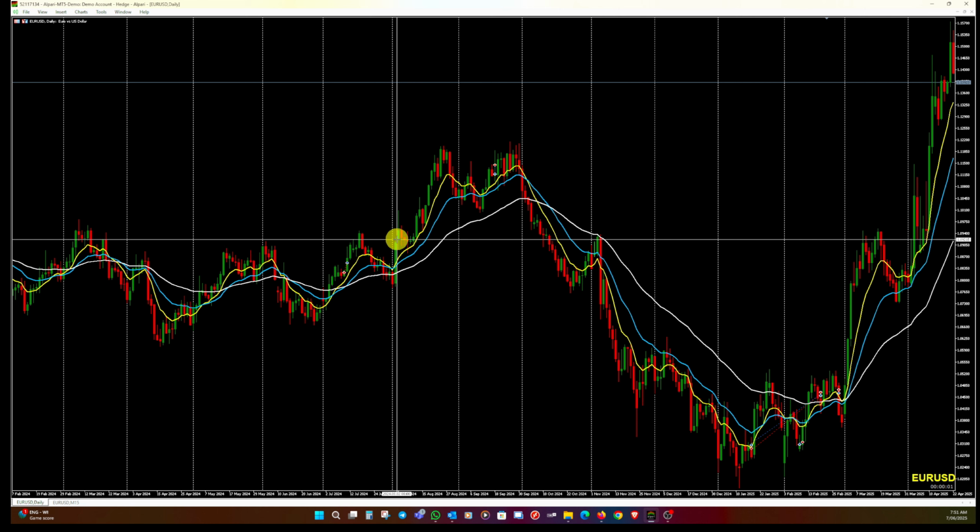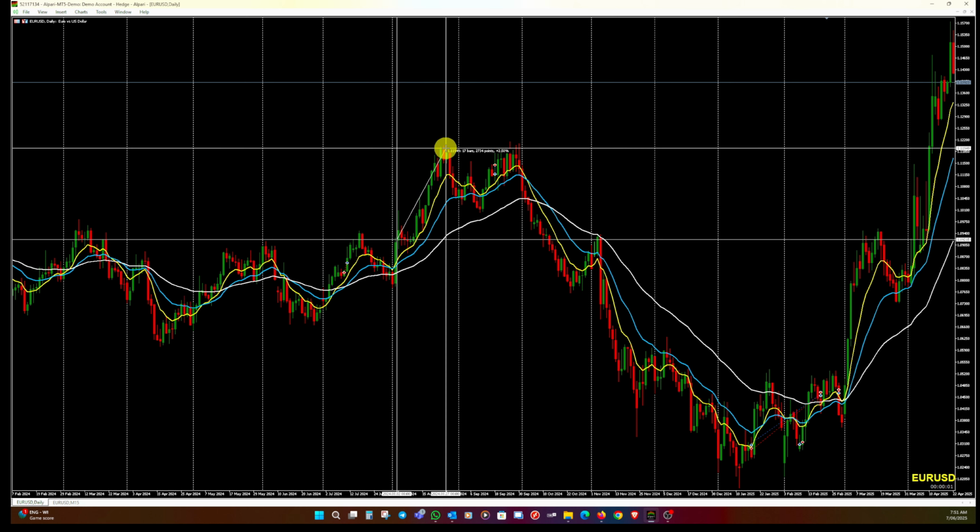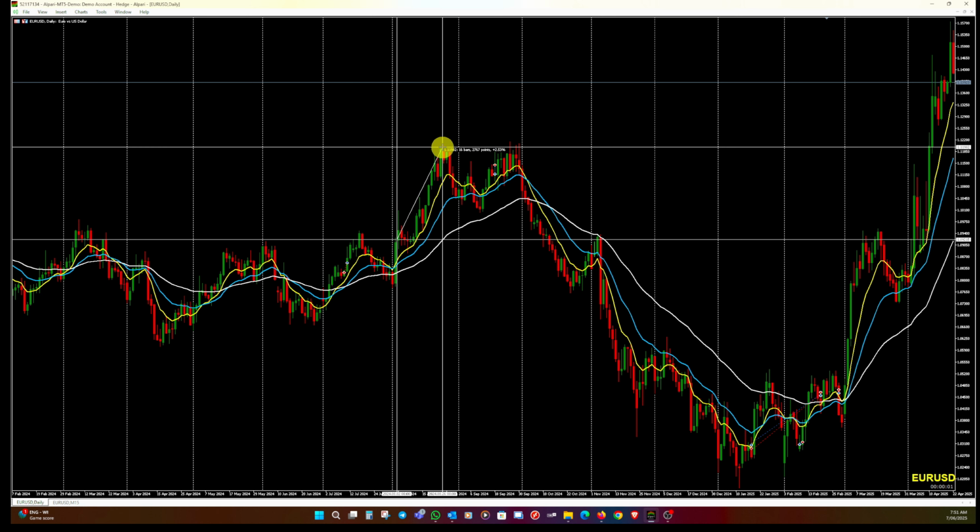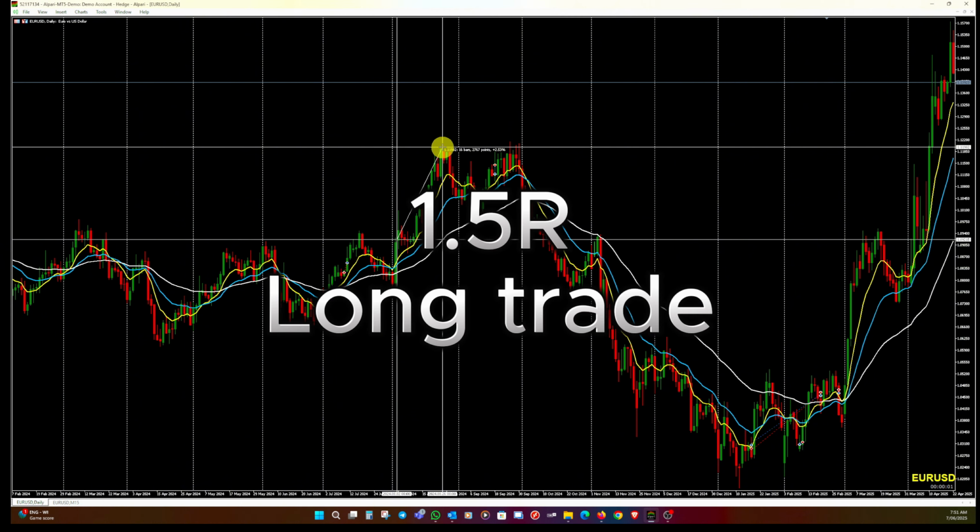So the entry point would be here after the close of this candle above the 3 moving averages, and they've all lined up. We've got 150 pips stop loss, and we can get about 270. So you could get a 1.5R trade out of this one.